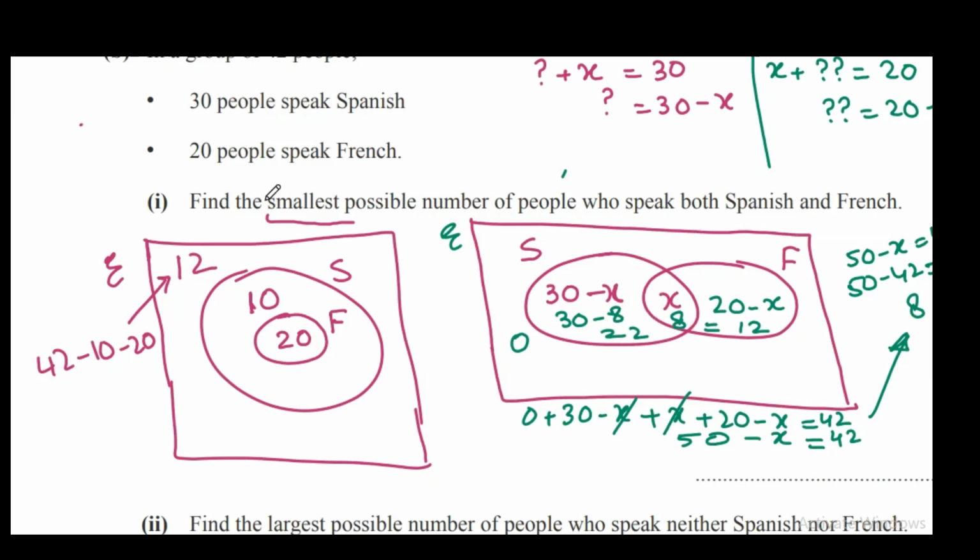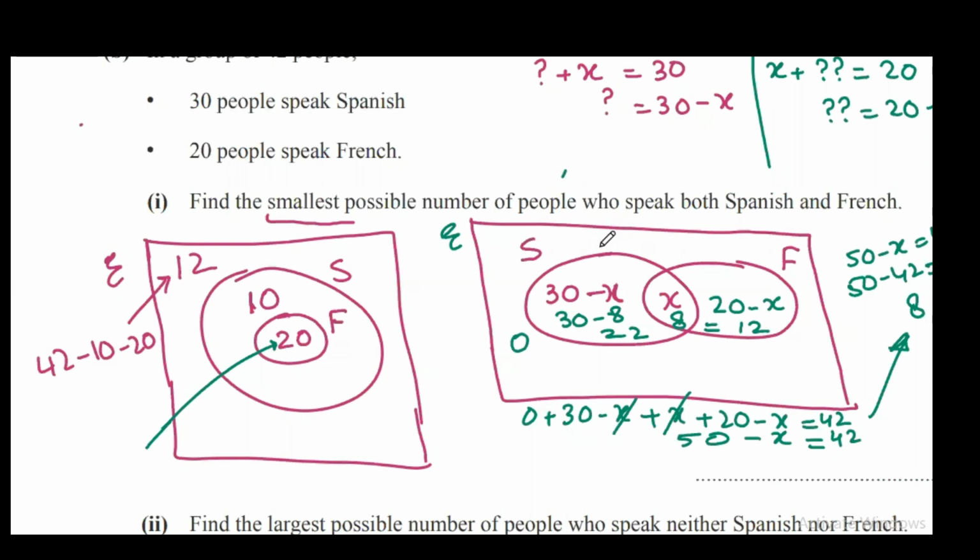Now find the smallest possible number of people who speak both Spanish and English. The region of both in this diagram represents 20 people speak French and Spanish both. In this diagram, 20 people speak French and Spanish both.